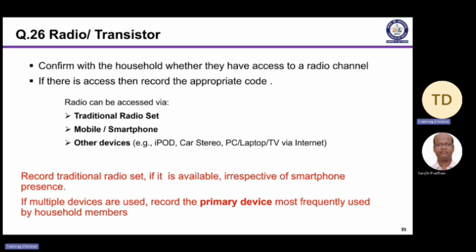For smartphone we have another question whether he has a smartphone or mobile, so that asset part is taken in that question, and here we are just emphasizing which service he is using to listen to the radio. So if a traditional radio set is available with the household, then code 1 is to be recorded, and if multiple devices are used to listen to the radio, then the primary device most frequently used by the household members is to be recorded. Is it clear?